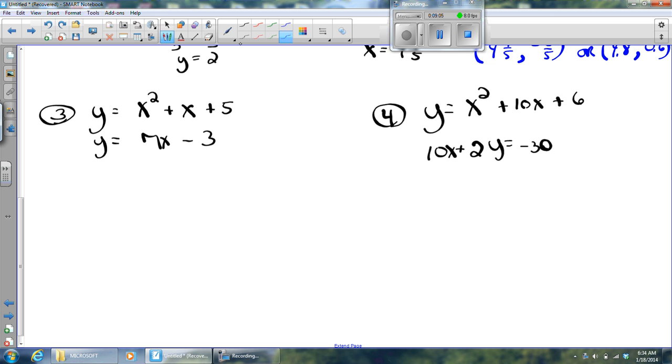So, what do you think would be the easiest thing to eliminate? Well, you notice both y's have a coefficient of 1. If I just multiply one of those equations by negative 1, I could add them together and my y's would be eliminated. So let's multiply the bottom equation by, because I know I'm going to end up with a quadratic, by negative 1. I'm sorry, not by 1.